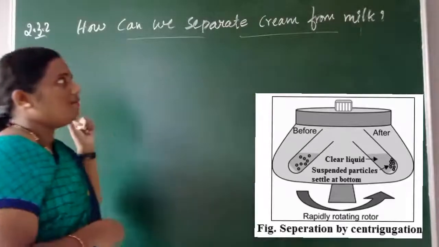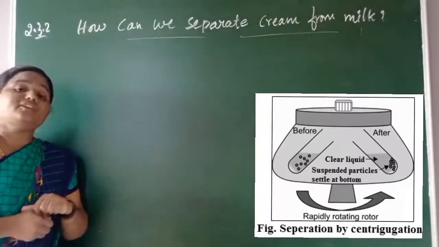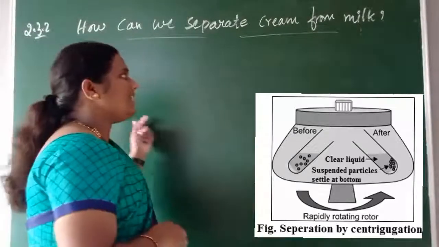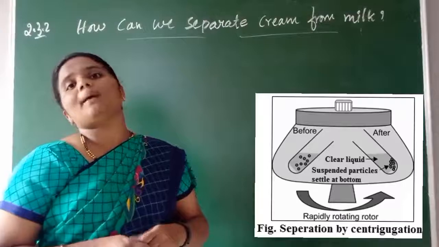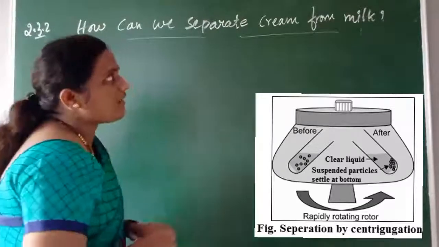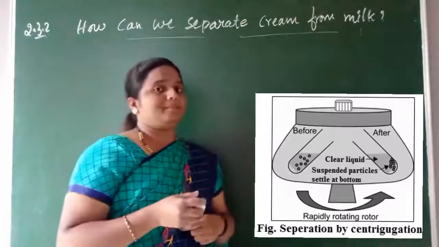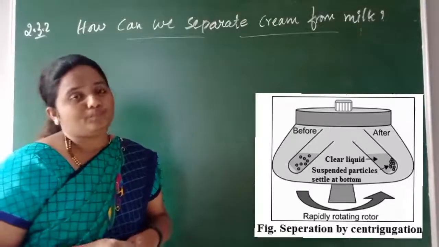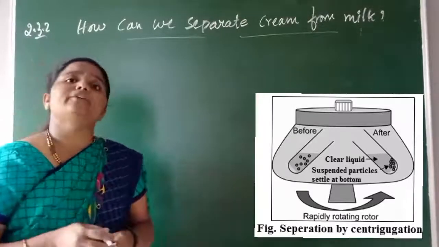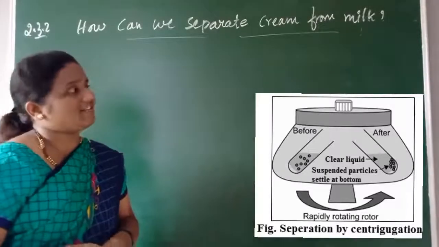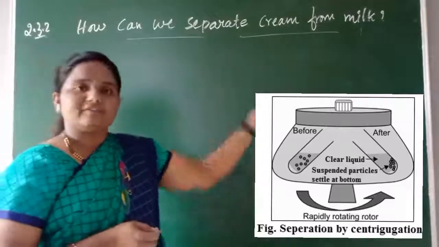In order to understand this, we should know the centrifugation process. So we will do it with a simple activity, children. At the very first stage, we have to take full cream milk in a test tube. Then we have to churn it with a milk churner, or we can use a centrifuge machine.